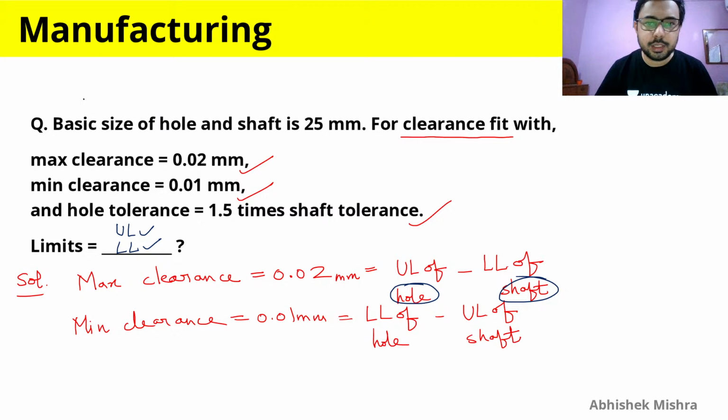So in this question, since it is not provided what the basis is, whether it is a hole basis system or a shaft basis system, just take it as hole basis system. What I mean by basis system is that the basis system decides the size of the hole and shaft.